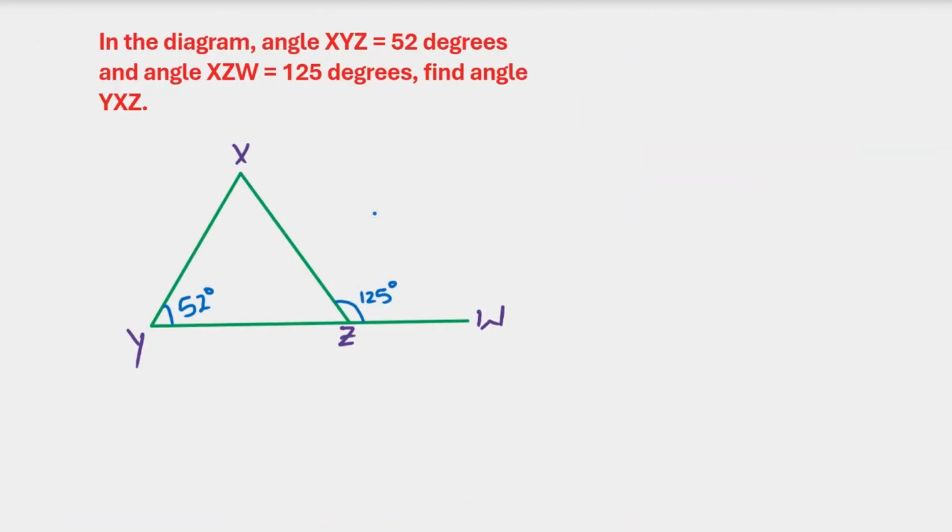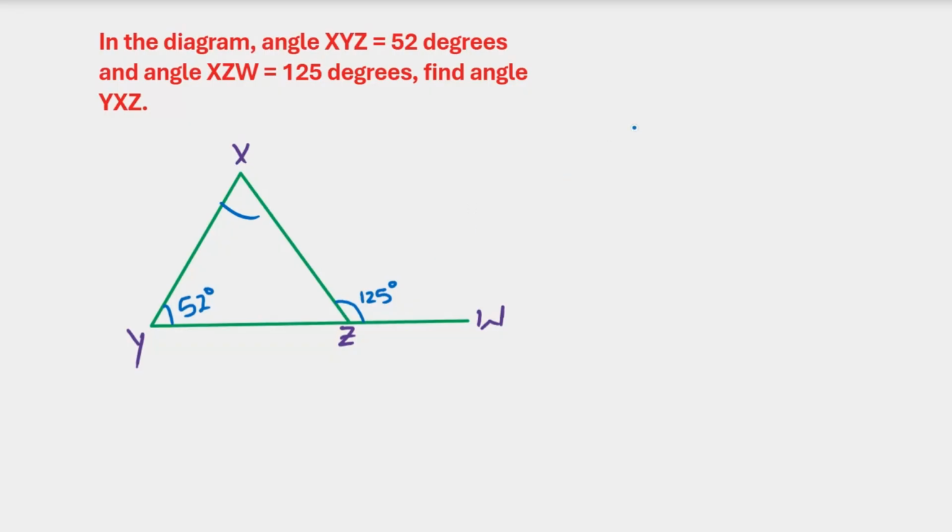In the diagram, angle XYZ is 52 degrees and angle XZW is 125 degrees. We have to find angle YXZ, that is this angle. So we want this angle. How do we do that? Straightforward. Just pause the video and work this question. We can work it. So we're going to use the exterior angle property here.